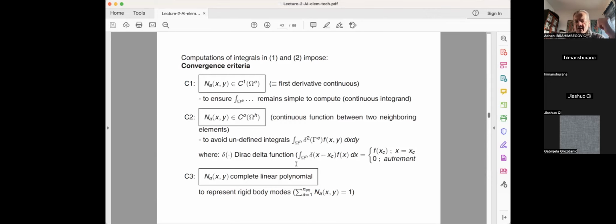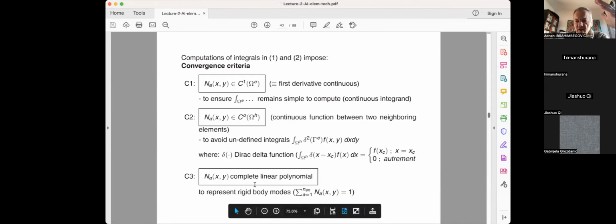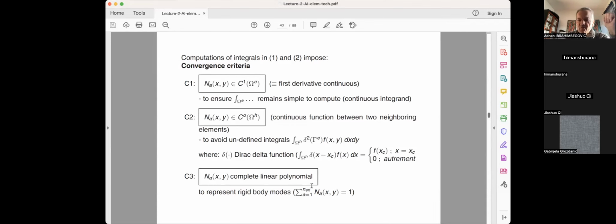And then finally, the sum of these polynomials, NA, over a particular element, they have to sum up to 1. That's what we said is the notion of how to build an approximation for the rigid body motions. Because if one element is not loaded, it's sitting in space, the value should be equal to 1, or to be the same, whatever the value is.